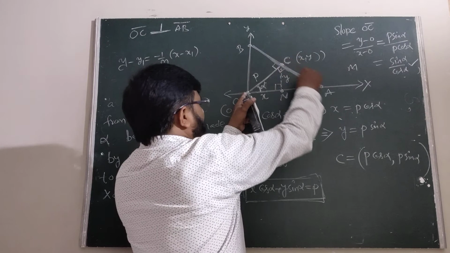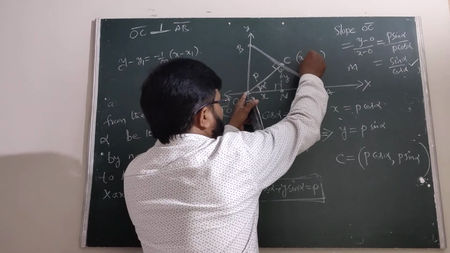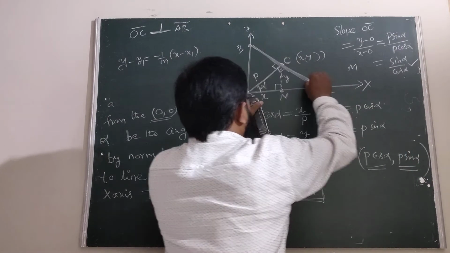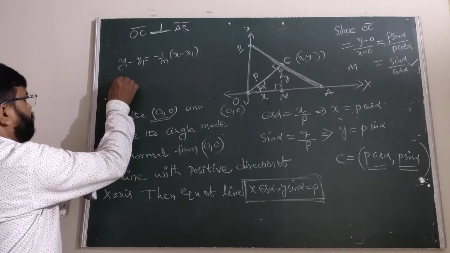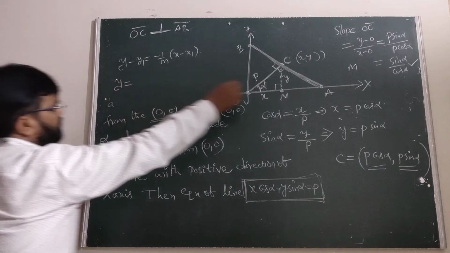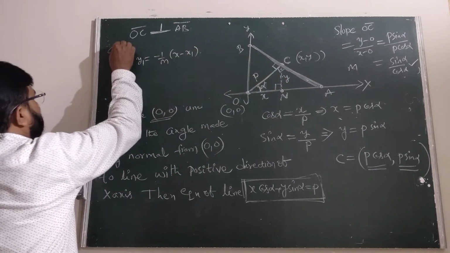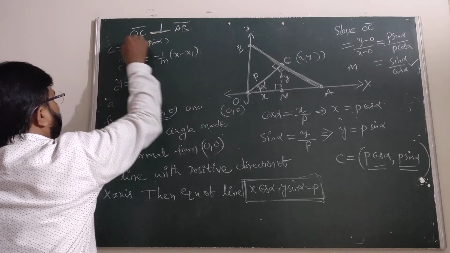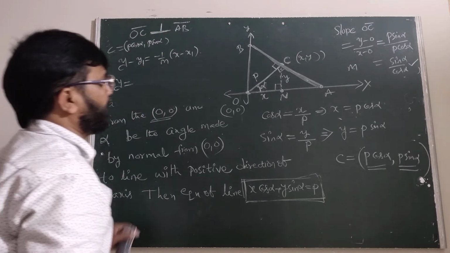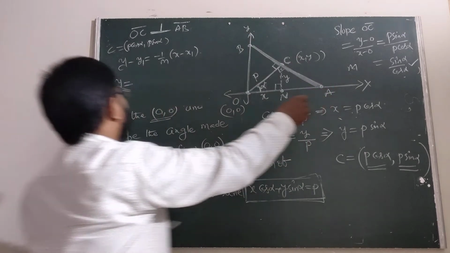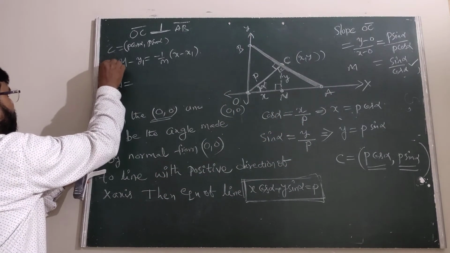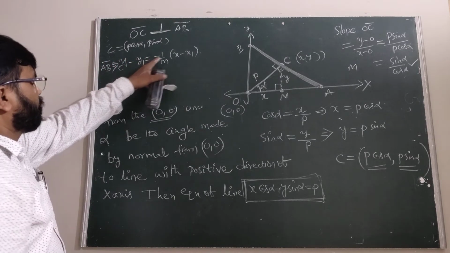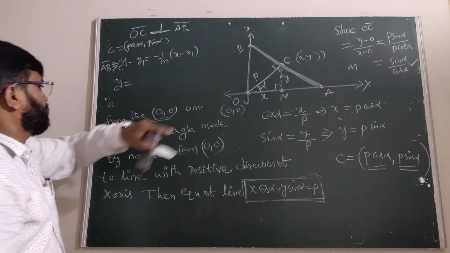Undoubtedly its slope is -1/m, which is passing through the point (p cos alpha, p sin alpha). Therefore, the equation of the required line AB is y - y1 = -1/m (x - x1).